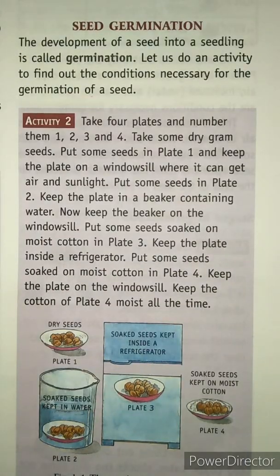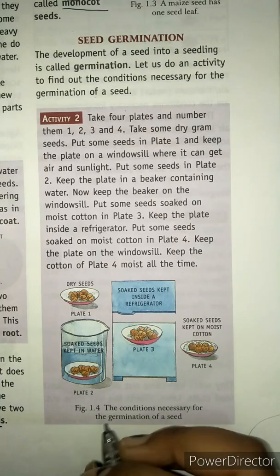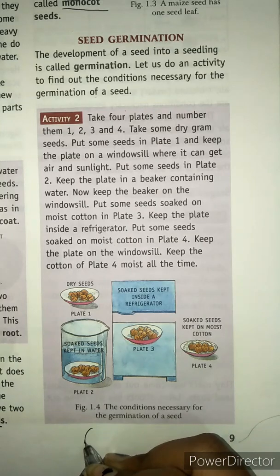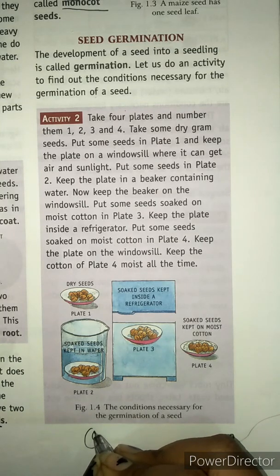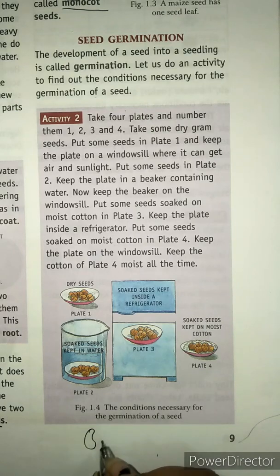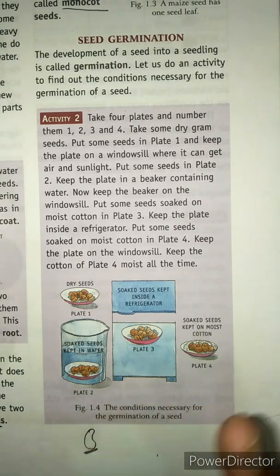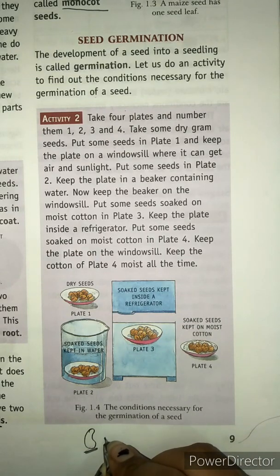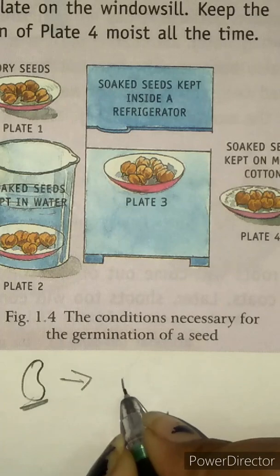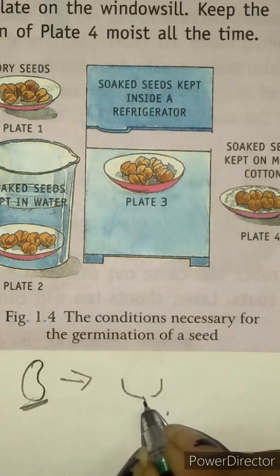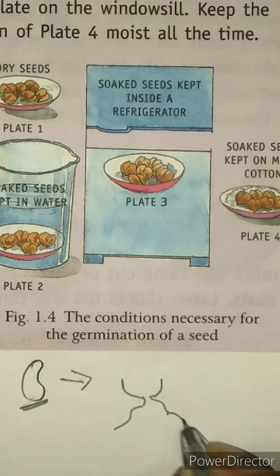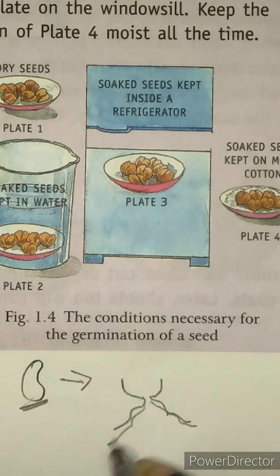The next we have seed germination. So first of all, what is germination? When a seed changes into a seedling. What does it mean? So look here, look down. Just assume it's a seed. It's a complete seed. Now you can see root and shoot on it. And afterwards, when this seed grows, these are the roots down here.